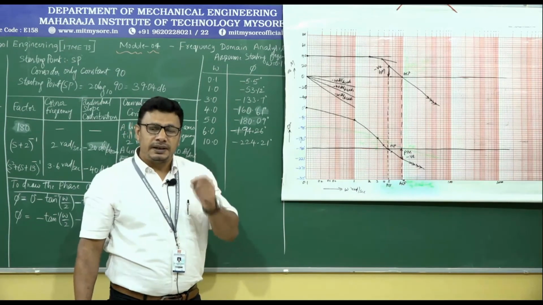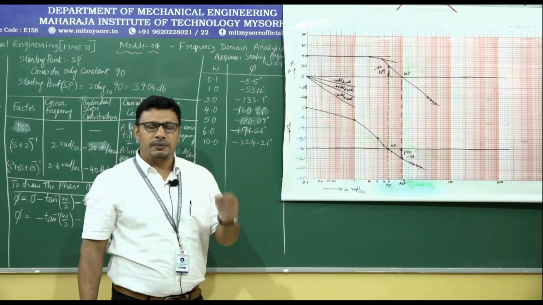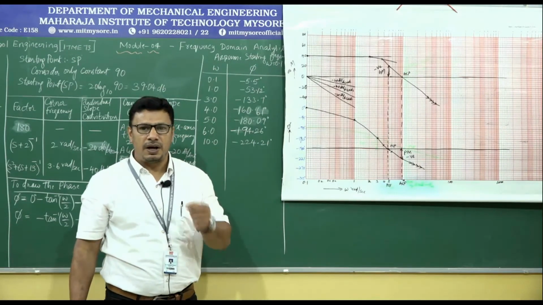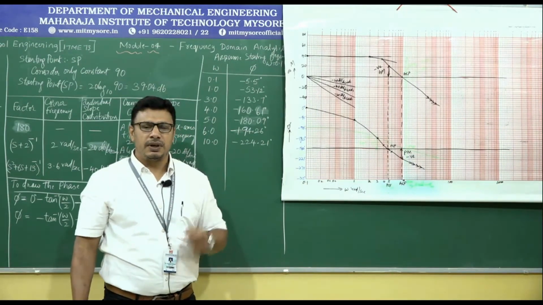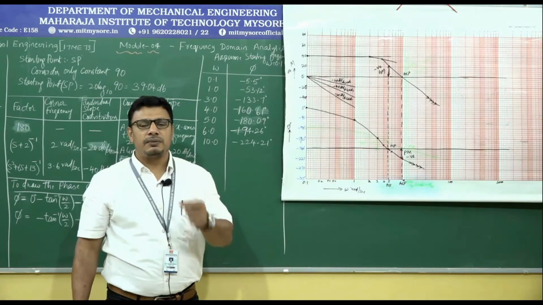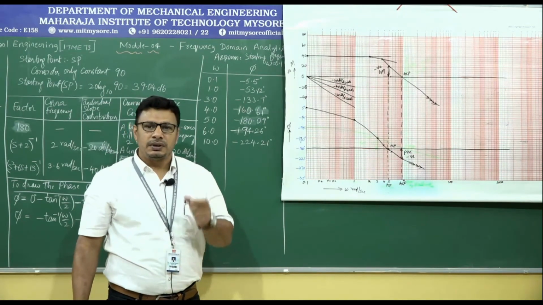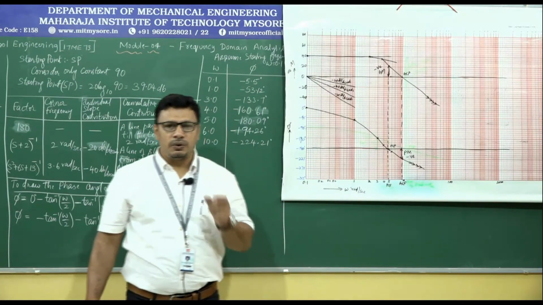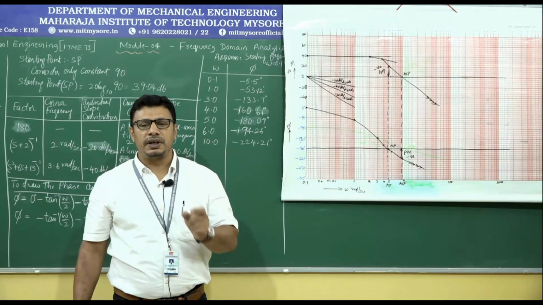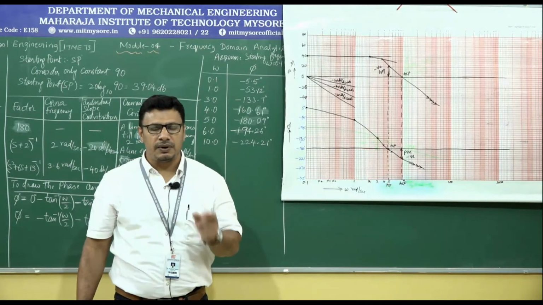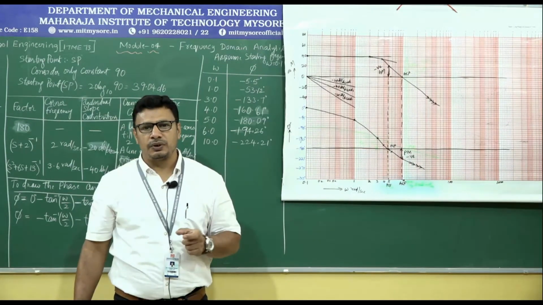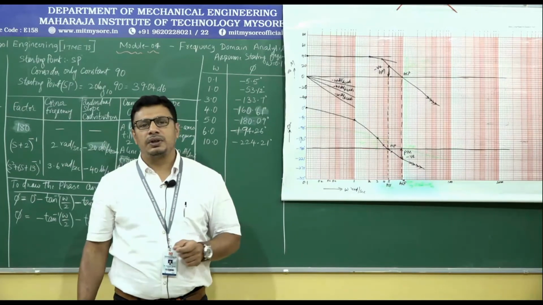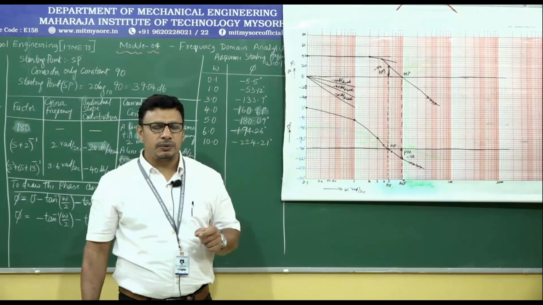Even if gain margin alone is negative or phase margin alone is negative, even in that case the system is unstable. So there is only one condition in which the system will become stable: only and only if both the gain margin and phase margin are positive. Only in that case the system is going to be stable, no other condition will make the system stable.